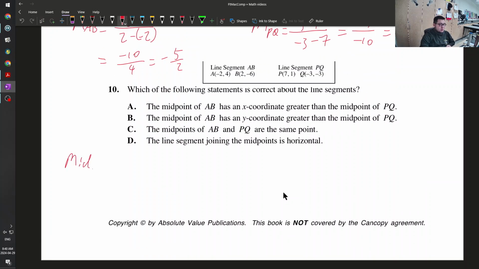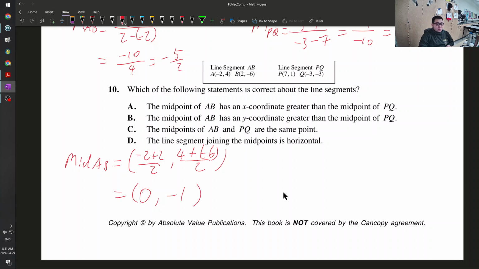So the midpoint of AB is negative 2 plus 2 divided by 2, and 4 plus negative 6 over 2. So this is 0, comma, 4 plus negative 6 is negative 2, divided by 2 is negative 1. So that's the midpoint of AB.